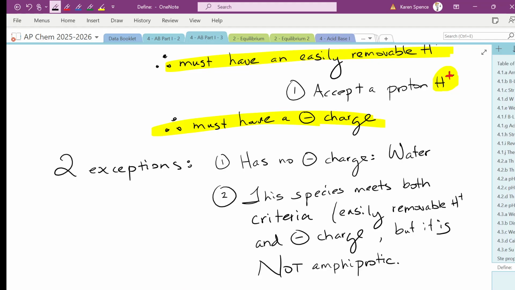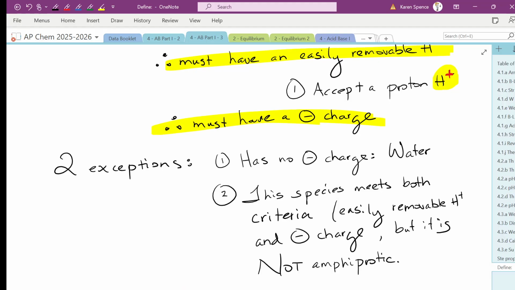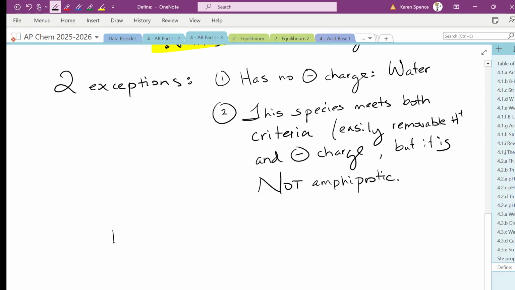Yes. HPO4. Good guess. Not true. HPO4 is amphiprotic. HPO4 can give away a proton. Let's just put it with water, and become PO4 3 minus and H3O plus.